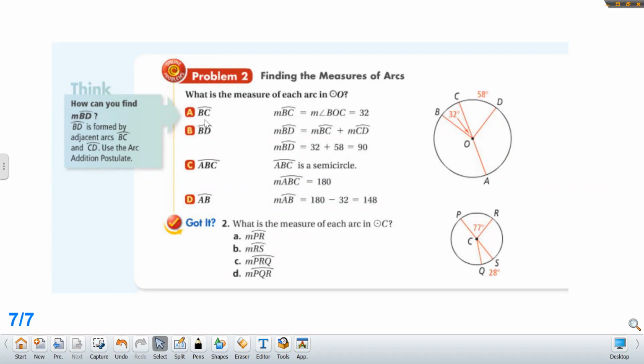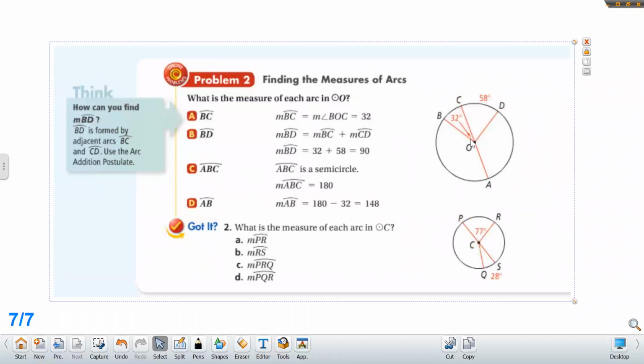Here he is asking me the measurement of PC. This is PC, it is 32, as I'm working with the same central angle. For BD, it means I'm supposed to add them, so add 32 plus 58. I have to add them together. The final answer is 90 degrees.